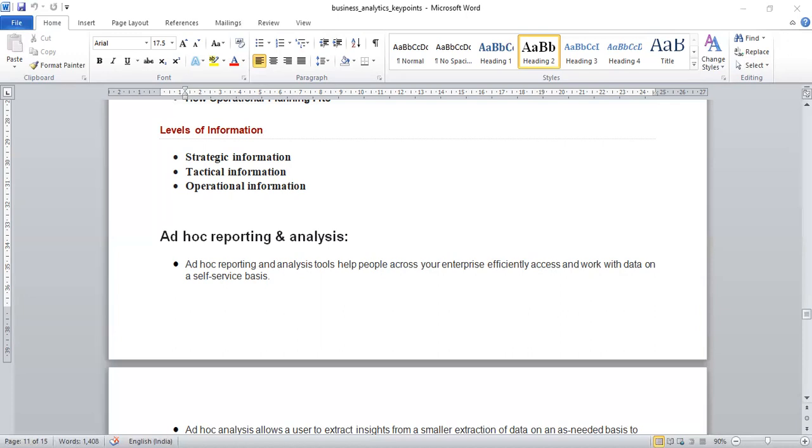And tactics relate to local conditions. So I have already told you, tactics are adjustments a company makes to local conditions.